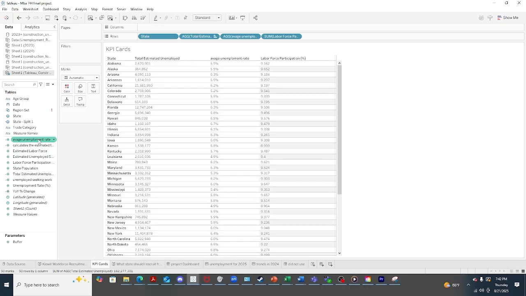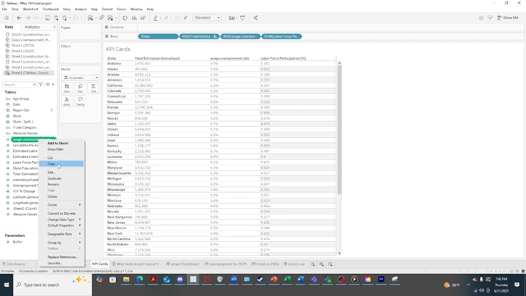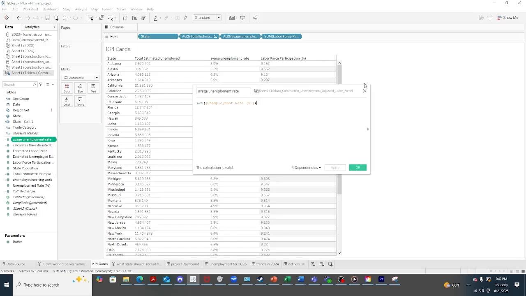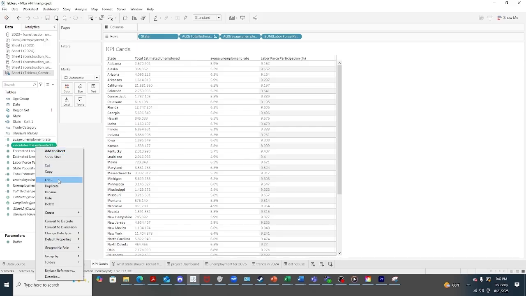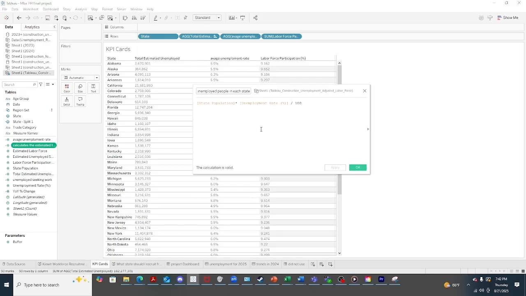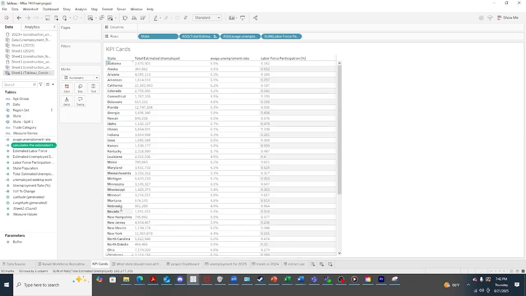Here is an example of where I did the average rate, which we can go to edit. Here's my average rate. I also calculated the unemployed people in each state.